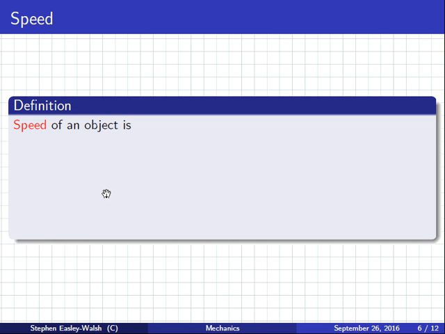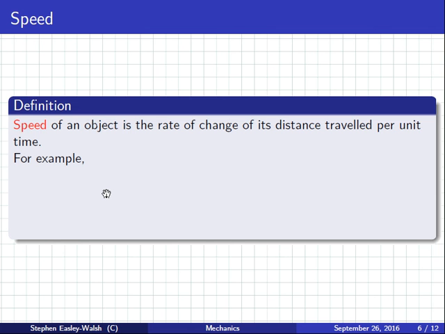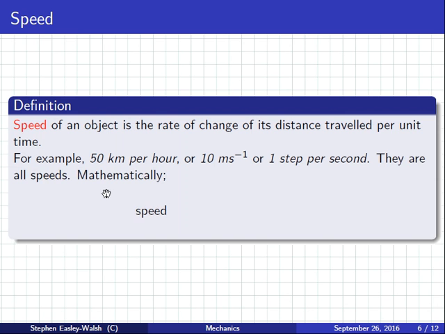So speed, is it a scalar or a vector? I wonder if you know. It's a scalar. Speed of an object is the change in the distance per time. So for example, 50 kilometers per hour, that's a scalar, that's speed. Or 10 meters per second, that's speed. Or 1 step per second. These are all speeds. As a formula, speed is distance travelled over time taken. Okay, so I'll give you a minute to write this down.